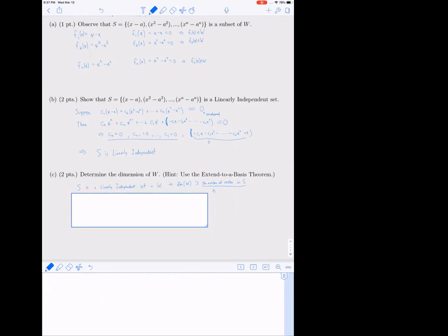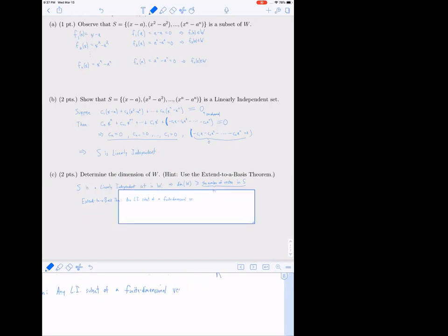So the hint says we can use the extend to a basis theorem. Let's recall the extend to a basis theorem says that any linearly independent subset of a finite dimensional vector space can be extended to a basis for the whole vector space.